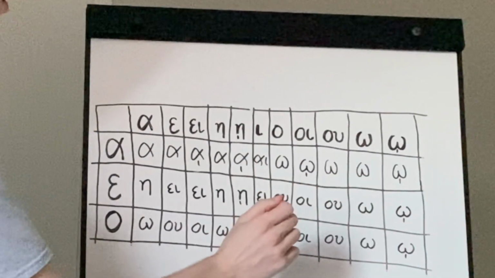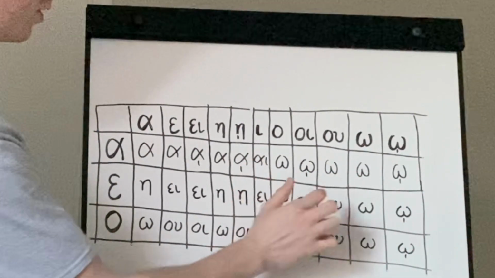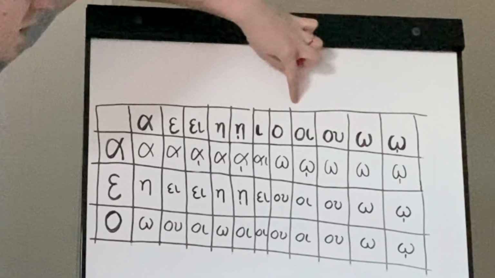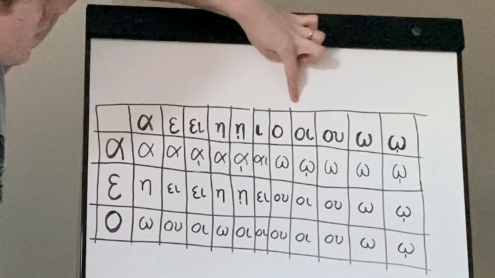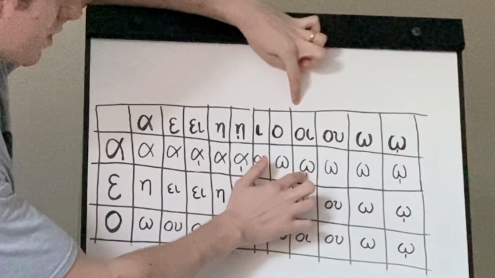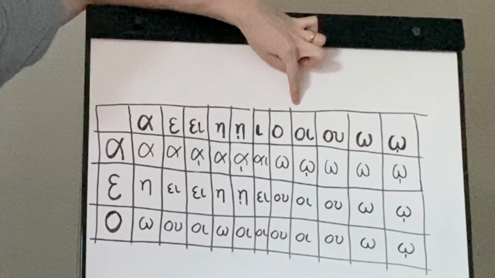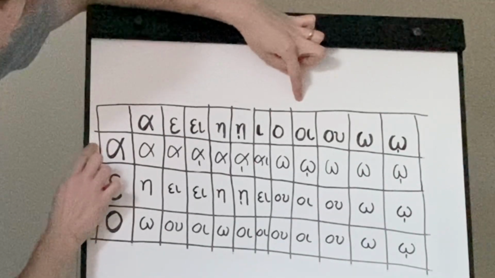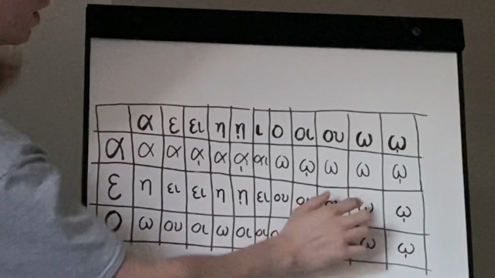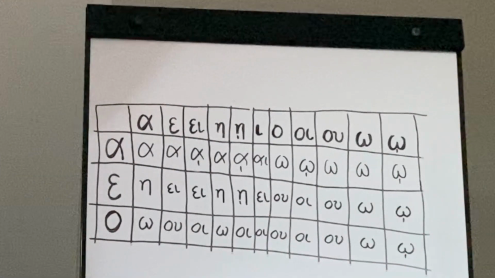But you need to put an iota subscript beneath this omega if the O sound also involves an iota. So you can see the diphthong oi, when added to alpha, gives us omega with iota subscript. And likewise, alpha plus omega with iota subscript is omega with iota subscript.